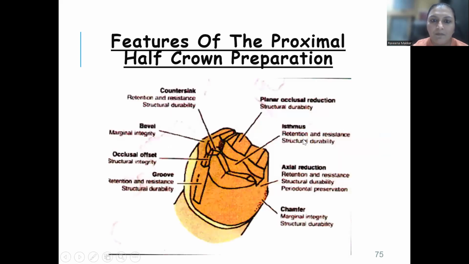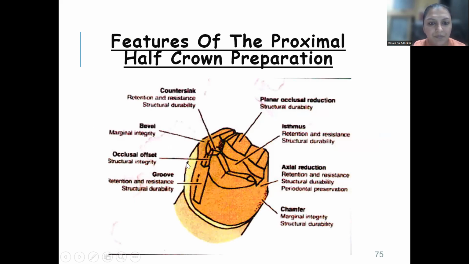Now, these are the features of the proximal half crown preparation. Here we can see, first of all, we had started with the planar occlusal reduction, providing structural durability. Then is the axial reduction, the lingual and the proximal axial reduction, creating a chamfer finish line.